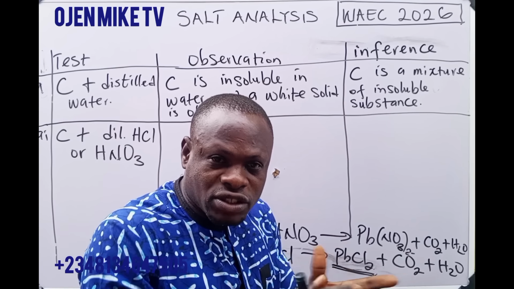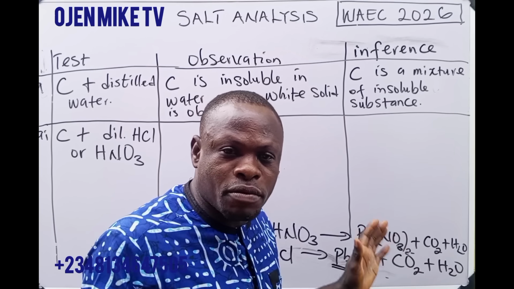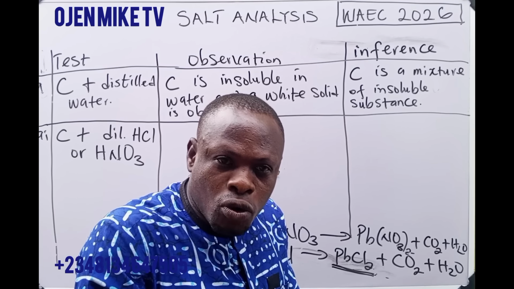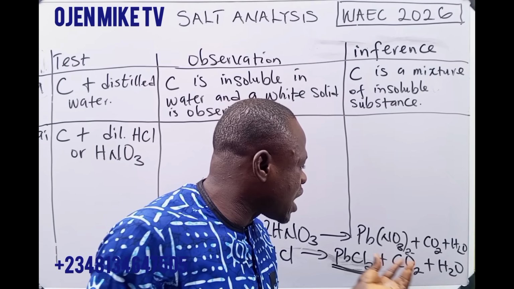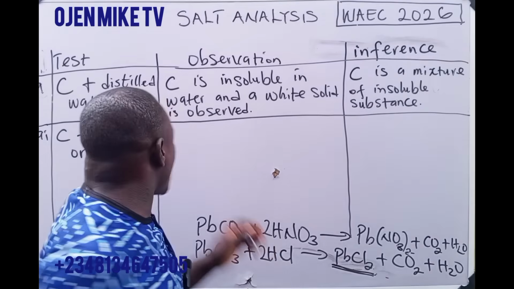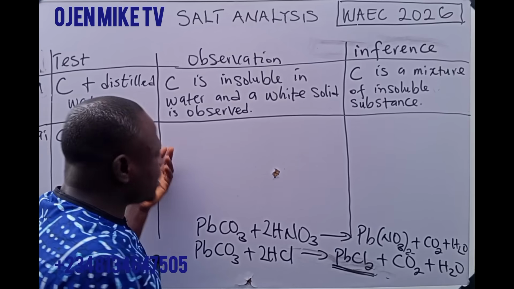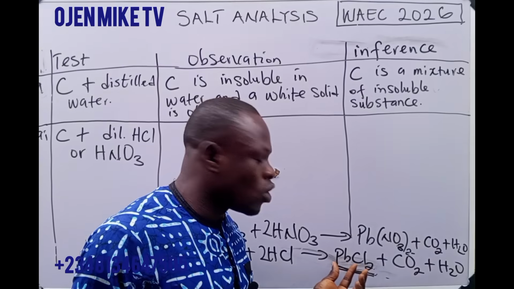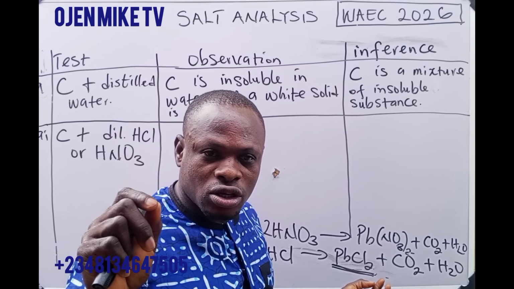You remember, it's a mixture with starch. Starch does not react with any of the acids, so it will always continue to dissolve and the particles will settle down. Do you understand? That is why we need to treat this one separately. So I will first of all treat this one. After treating it, we only have 2 tests for you to use to confirm the presence of lead ion. Do you understand?